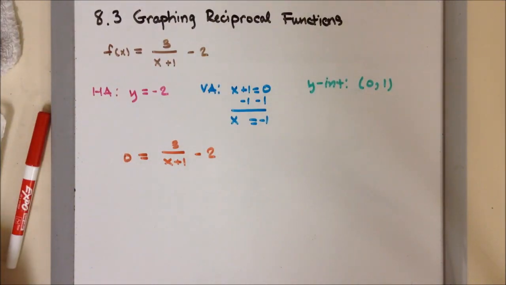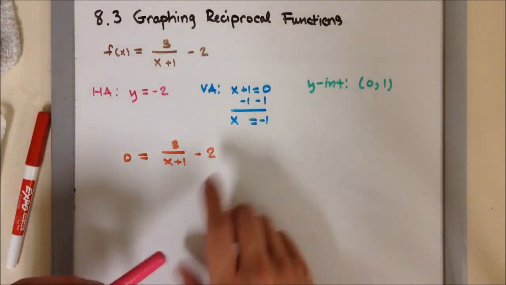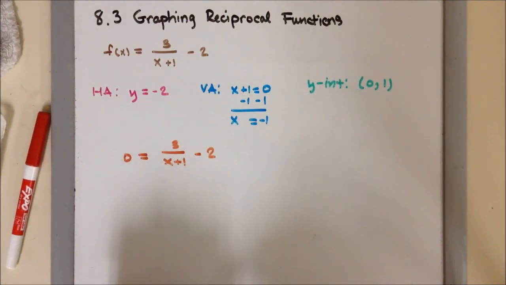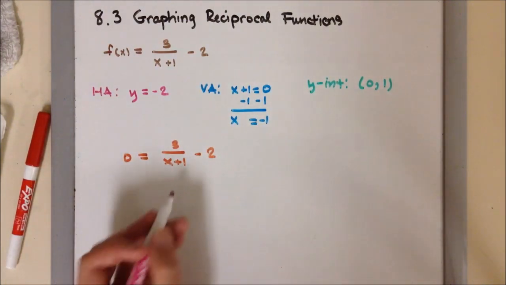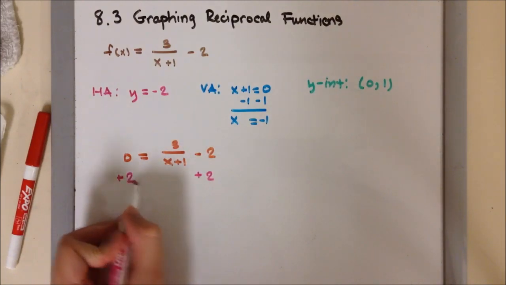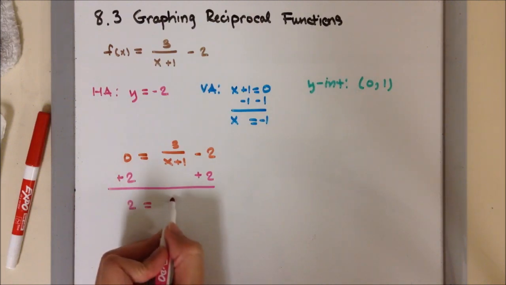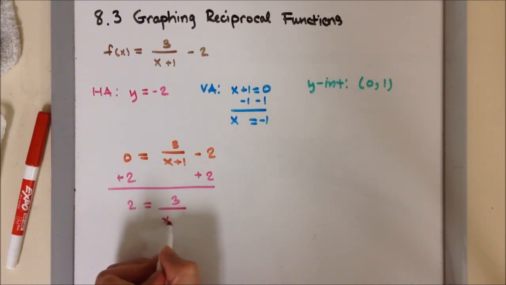In order to solve for x, especially when x is in the denominator, we're going to do this one step at a time. I'm going to cancel out the minus 2 since it's not part of the fraction, so I'm going to add 2 to both sides. Add 2 on the right, add 2 on the left. So I'm going to have 2 equals 3 over x plus 1.